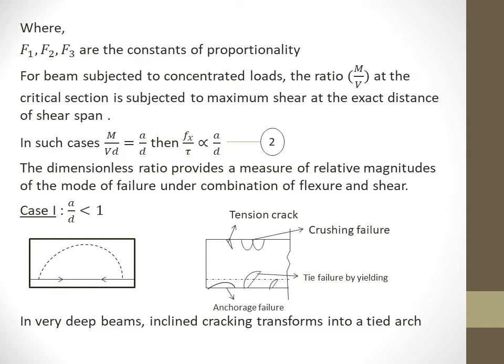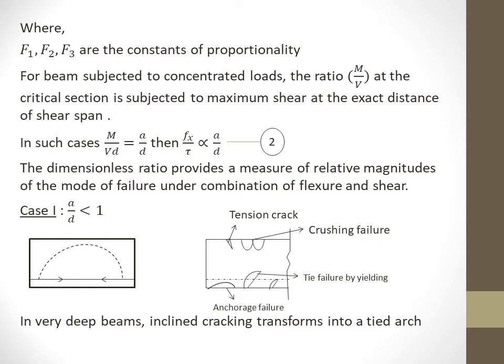In very deep beams without web reinforcements, inclined cracking transforms into a tied arch. See this figure, the first one, which is the tied arch. It's in the form of an arch.